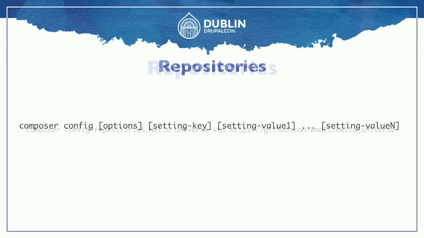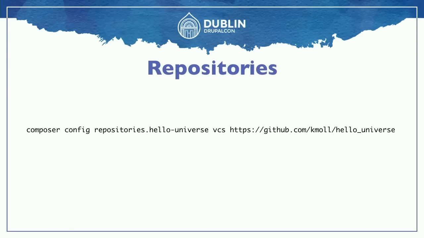So let's say I created a module, Hello Universe. I took Hello World and I made it so much better that it's now proprietary information. This is the key to my business, and I don't want to put that on a public domain because you're going to steal it and compete with me. So I've got this in a private repo, and I'm going to tell Composer about this repo with this command.